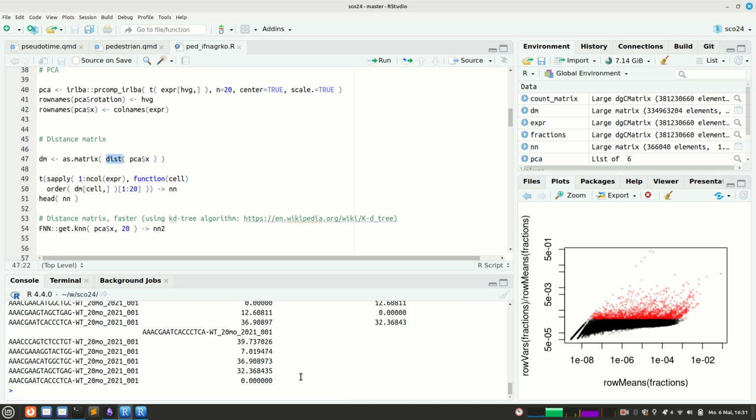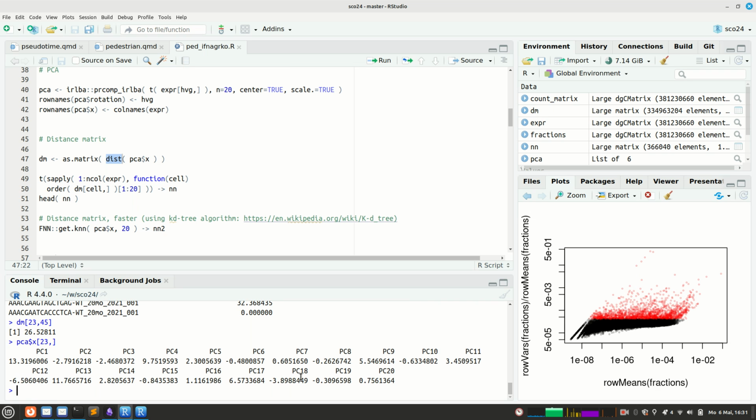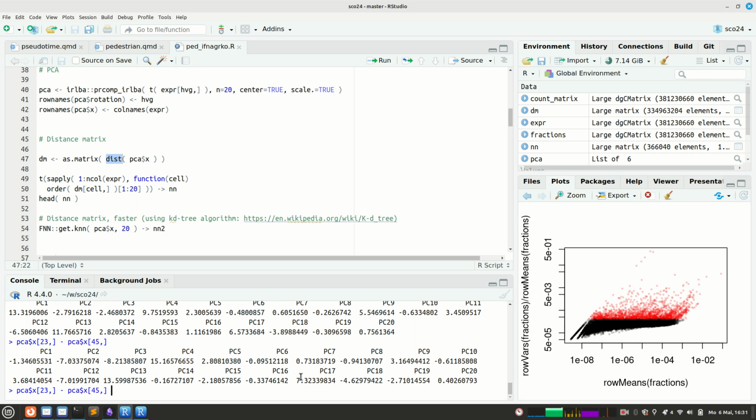So let's look in this thing here and maybe look specifically at one of these matrices. Let's say distance of cell 23 to cell 45 is this. So in our PCA matrix, cell 23 is this here. Cell PCA $X, cell 45 is this here. If I subtract them, this is the difference vector between the two.